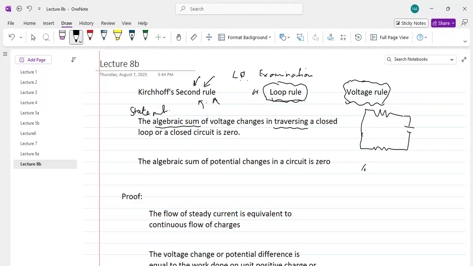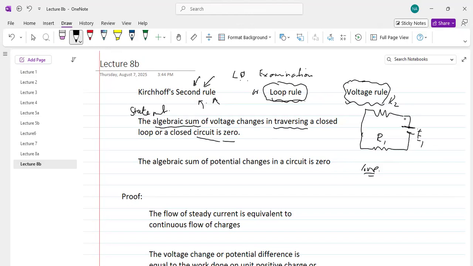So this is a loop in which there are two resistances R1 and R2 and a battery of EMF E. Traversing a loop means that we start from one point of this loop and move and come back again to that point. So this is called traversing of a loop, or a closed circuit, is zero.